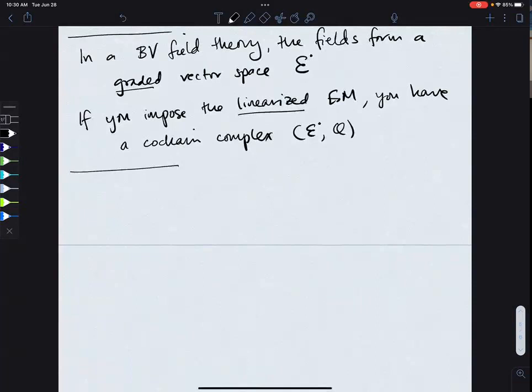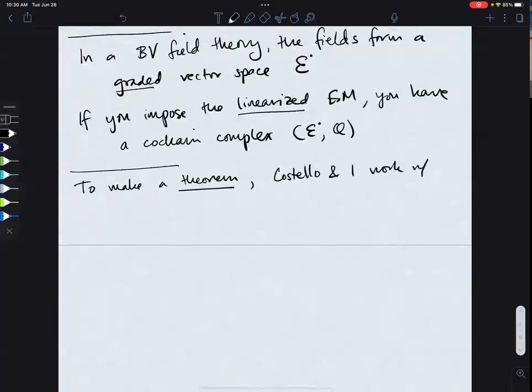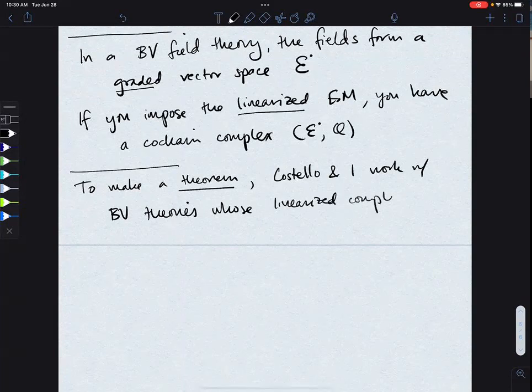Okay, so to make the meta theorem a theorem, Costello and I restrict our class of theories, work with BV theories whose underlying free theory has a linearized complex that is elliptic.